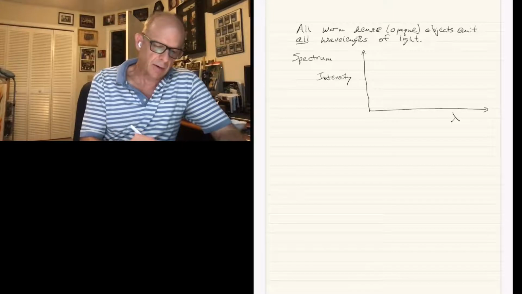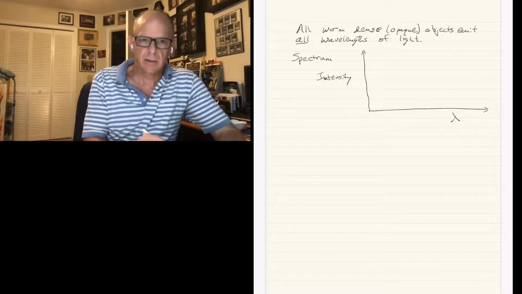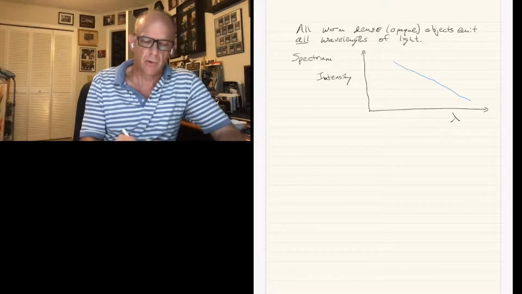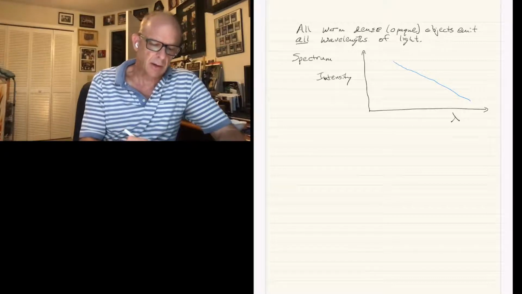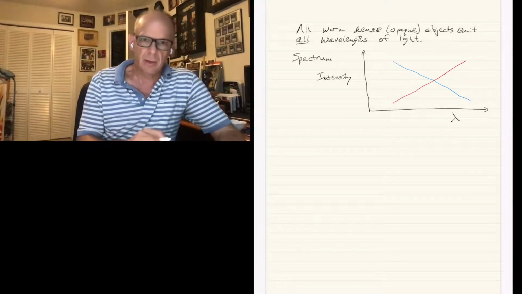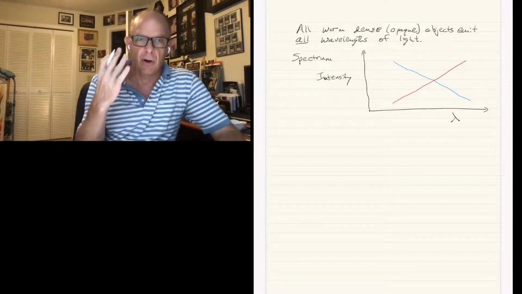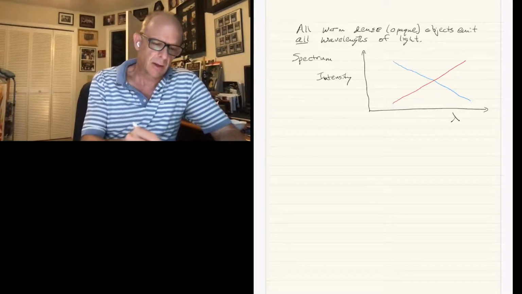So an object that has a lot of light in short wavelengths and not as much in the longer wavelengths would look blue to us, while an object that has more light at longer wavelengths and not as much at shorter wavelengths would look red, because that's our perception of wavelength. Long wavelengths we perceive as red, short wavelengths we perceive as blue.